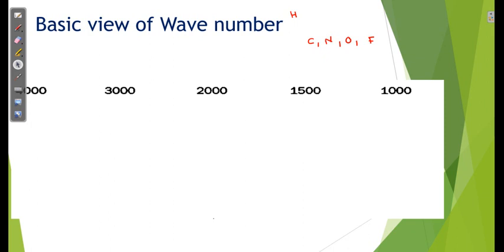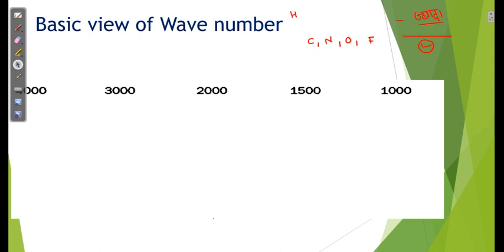It is very easy to vibrate or stretch a long stick compared to the short stick. So this is a bond which requires less energy, and this one requires more energy. Which one requires more energy?